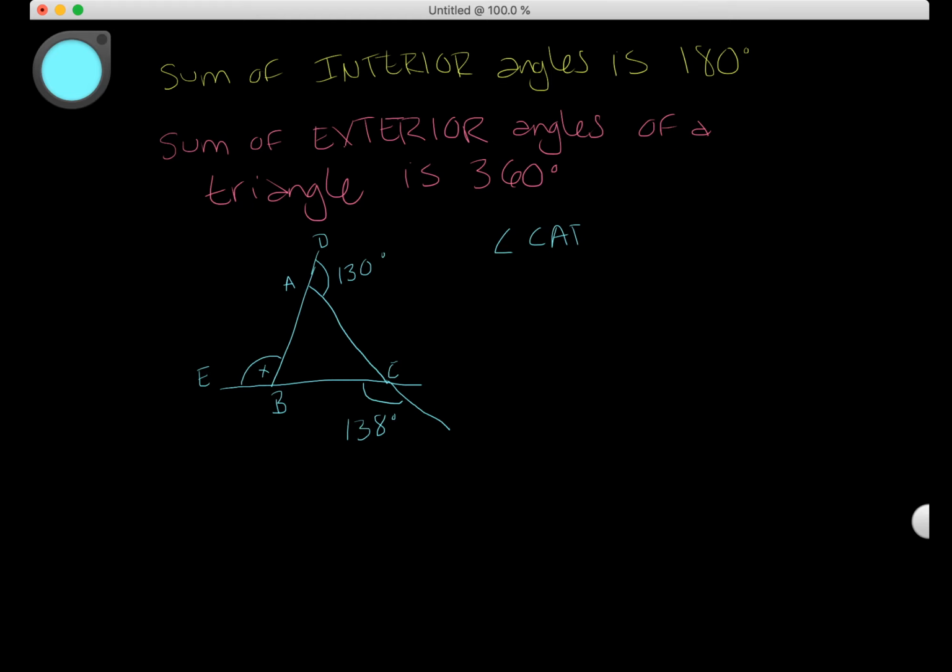And angle FCB is 138 degrees. We are looking for angle ABE.